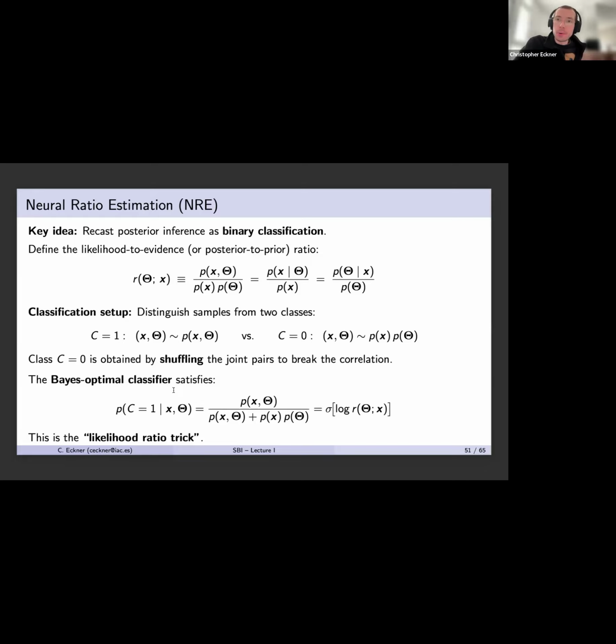They can distinguish between two classes as a classifier, and you can even derive from analytic principles what the optimal Bayes optimal classifier should be, which is exactly this quantity here, this ratio, which if you rewrite it can be expressed as the sigmoid function of the log of this ratio with a bit of manipulation. So this is exactly what we use here.